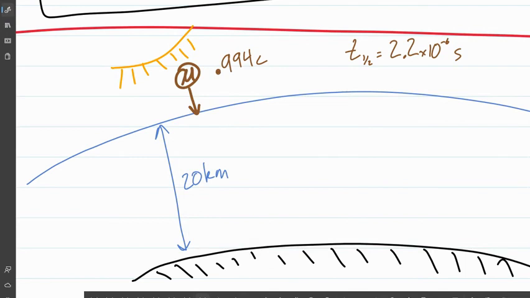It's been finicky recently. Okay, if I take 0.994 times 3 times 10 to the 8th, that gives me a velocity of 2.982 times 10 to the 8th meters per second.